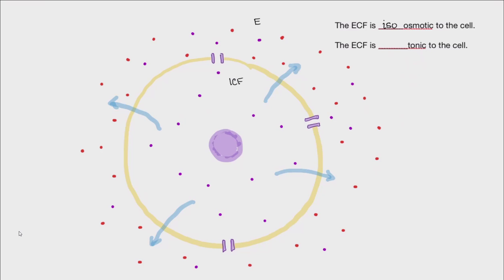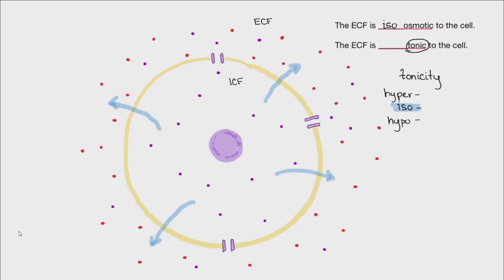The way that we describe the predicted movement of water is through something called tonicity. We use the same prefixes that we used for osmolarity. We still use iso, hyper, and hypo. So if there is no net movement of water, I would use iso.